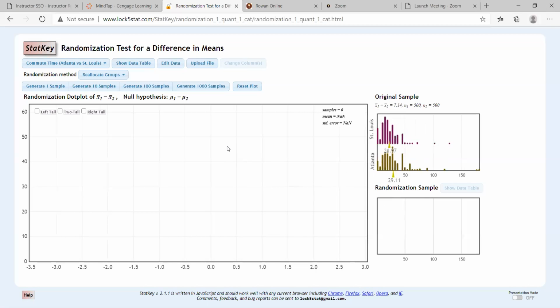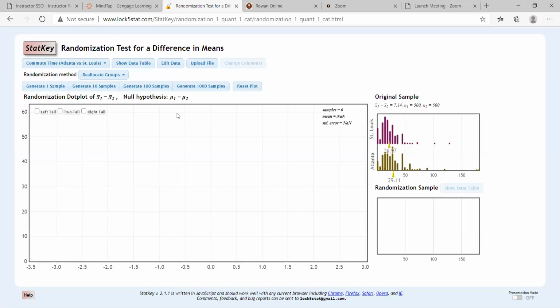Now, suppose the null hypothesis is that there's no difference in the average commute times between Atlanta and St. Louis. Typically, that's the case when we're dealing with two different populations. The null hypothesis is basically the two are equal.